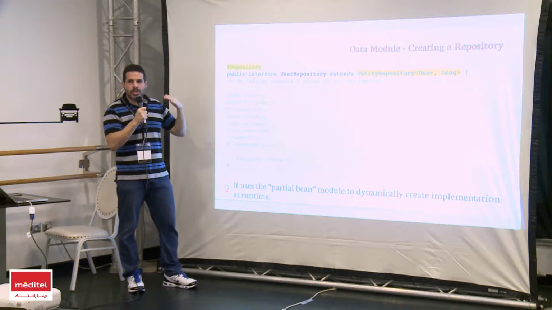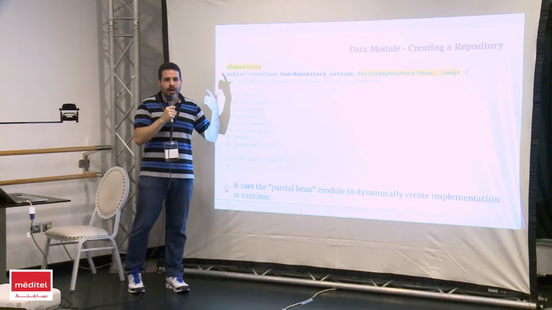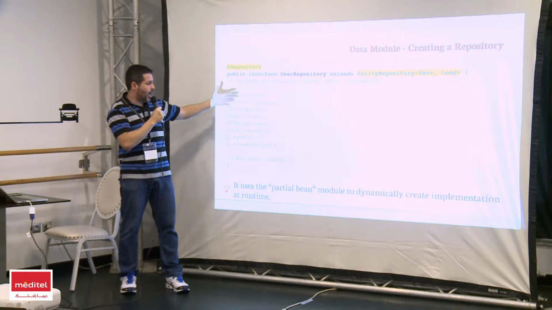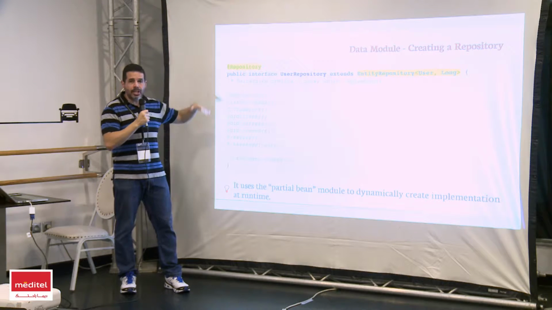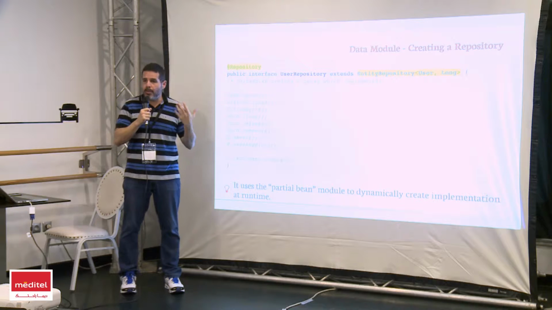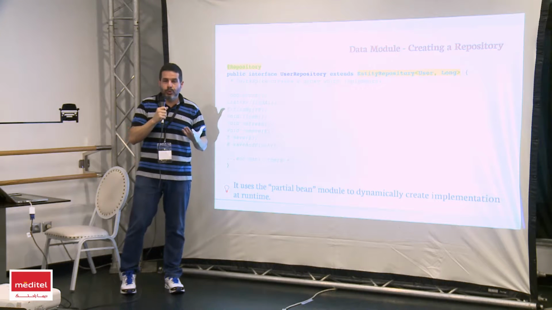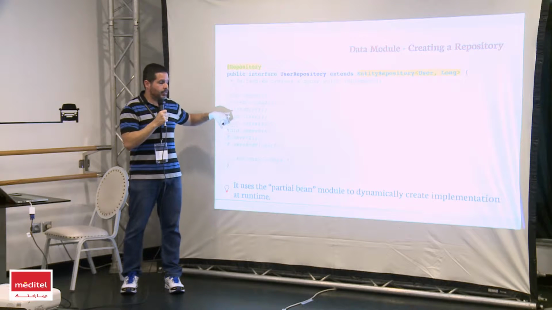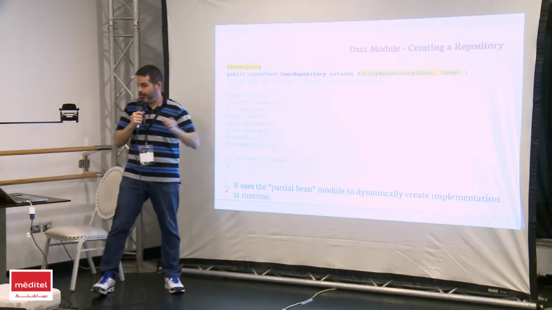You will have implementations of save, remove, find all, find by primary key, count, and many other methods, automatically implemented for you. You don't need to worry. Remember, it's an interface. The implementation is created by DeltaSpike.